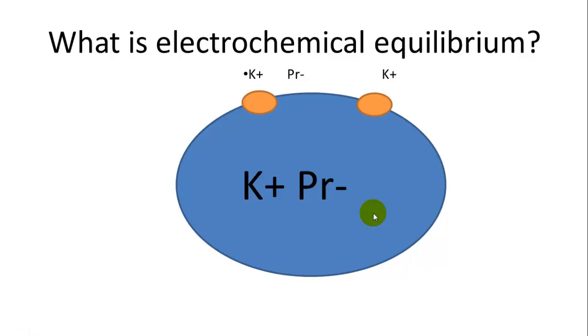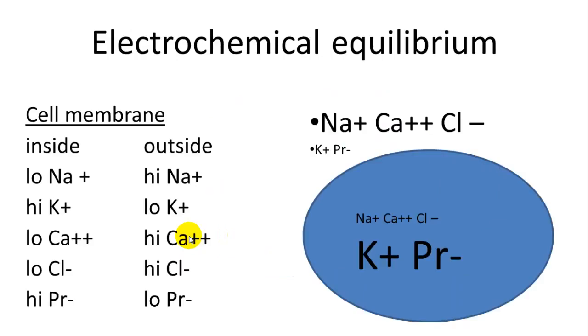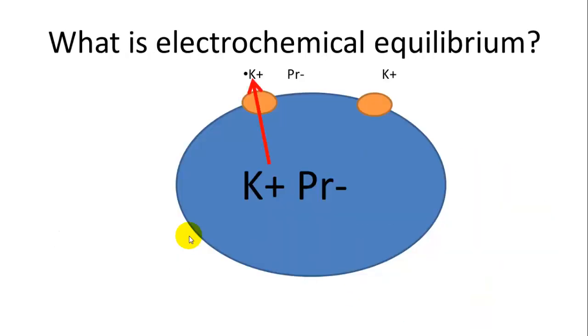Well, again, electrochemical, we're talking about attractive forces between the charge, positive and negative, and then the concentration. So potassium, for example, has a larger concentration inside of the cell. So naturally, it's going to want to go outside of the cell.